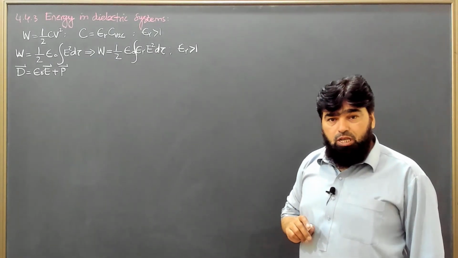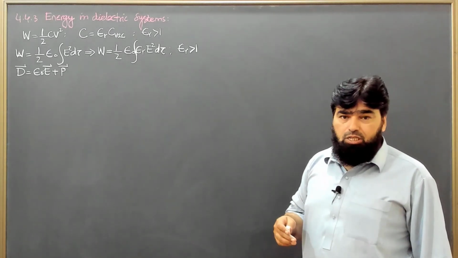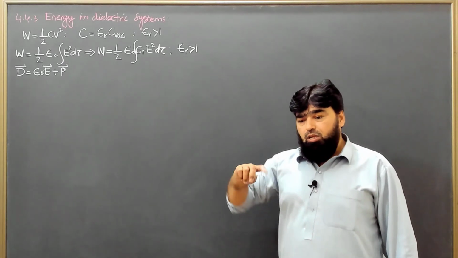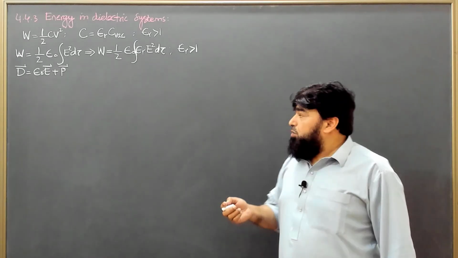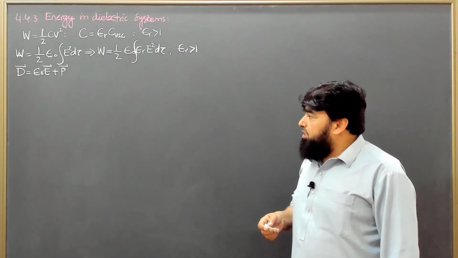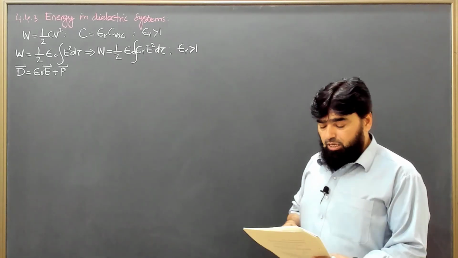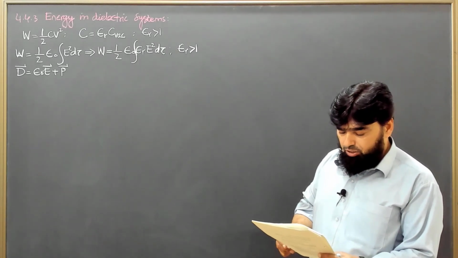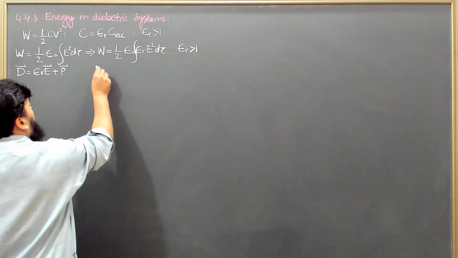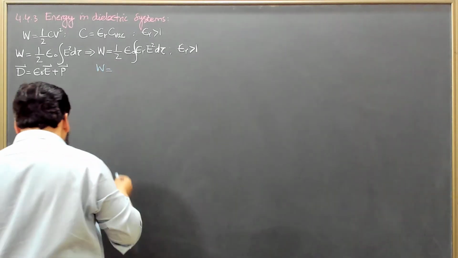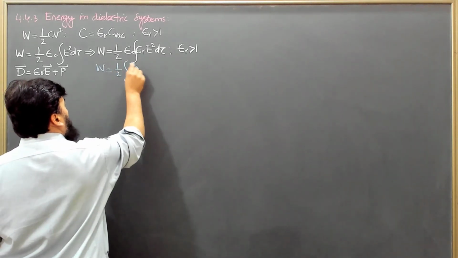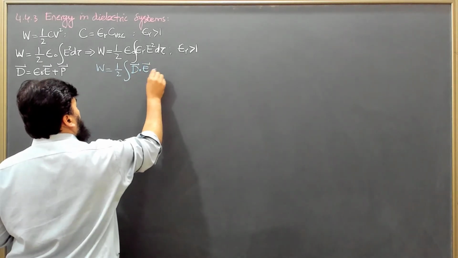We will have to introduce D here as well, because E gives the overall picture. E does not separate the rho free and the rho bound, but when we incorporate D, D will account for the free charges, and then the polarization comes into action, and the equation will change to half integral of D dot E d tau.